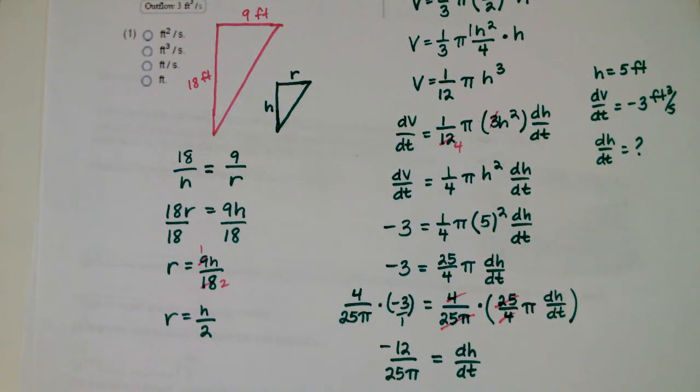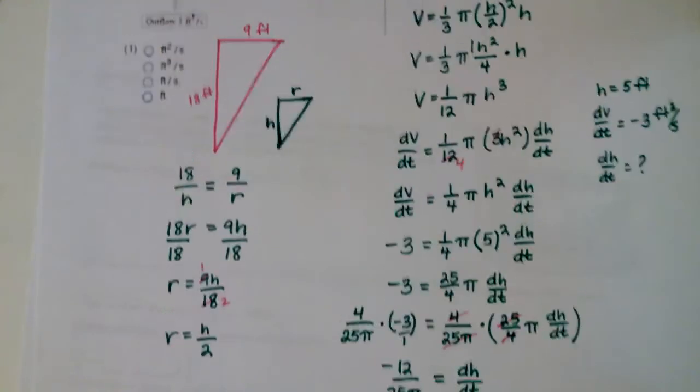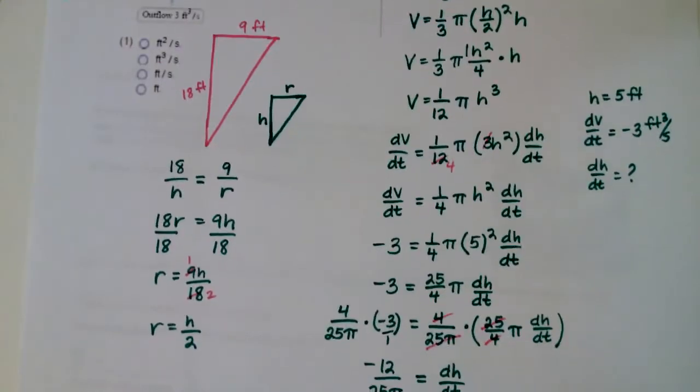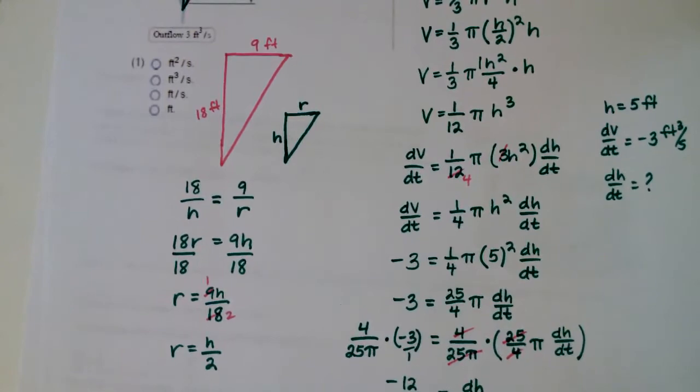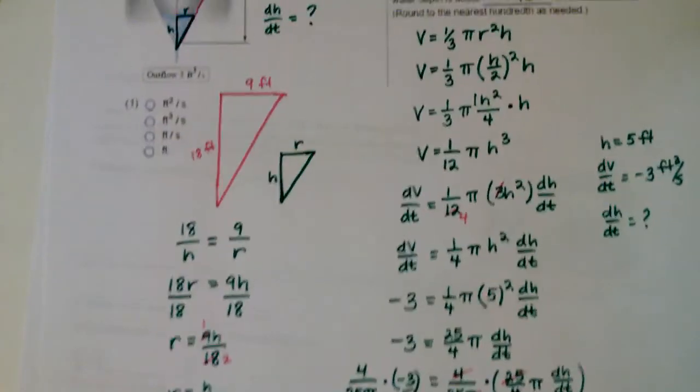And also you had to use similar triangles so that way you can write your formula for the volume in terms of a single variable. So here we have to solve for an expression with the radius equaling something in terms of h.